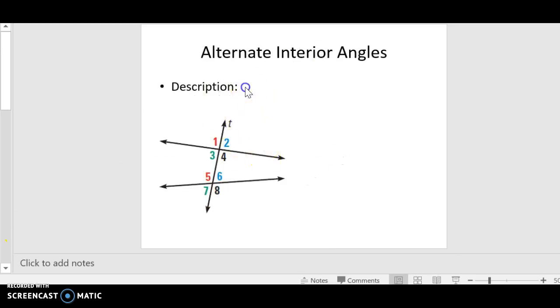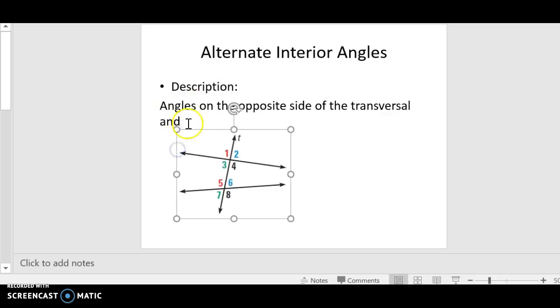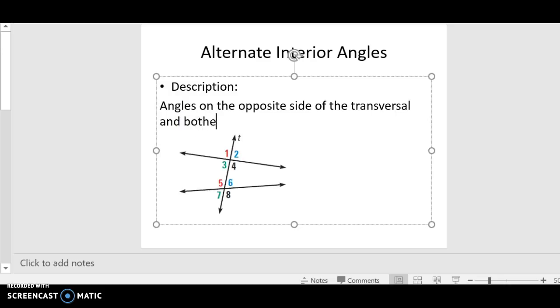Now, alternate interior angles. Alternate interior angles are angles on the opposite side of the transversal, and both interior.